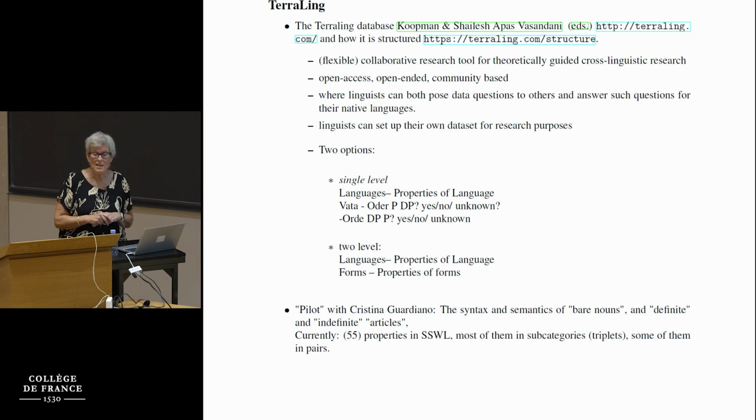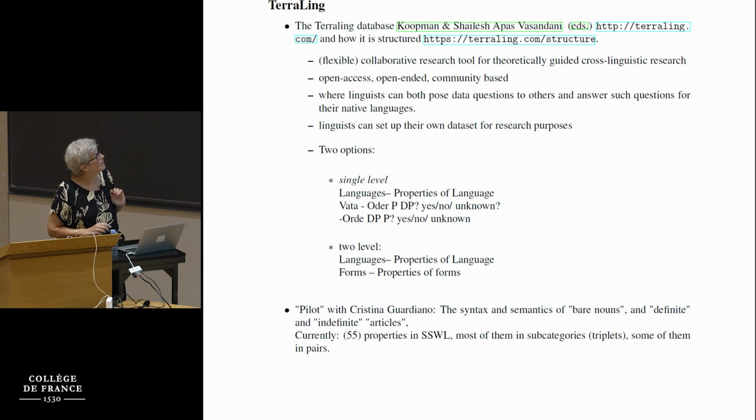Now, there are two ways in which the basic data sets are organized. We can have a single-level database, which is basically like the general typological databases. You have a language or a dialect, it has properties of that language, and that's it.